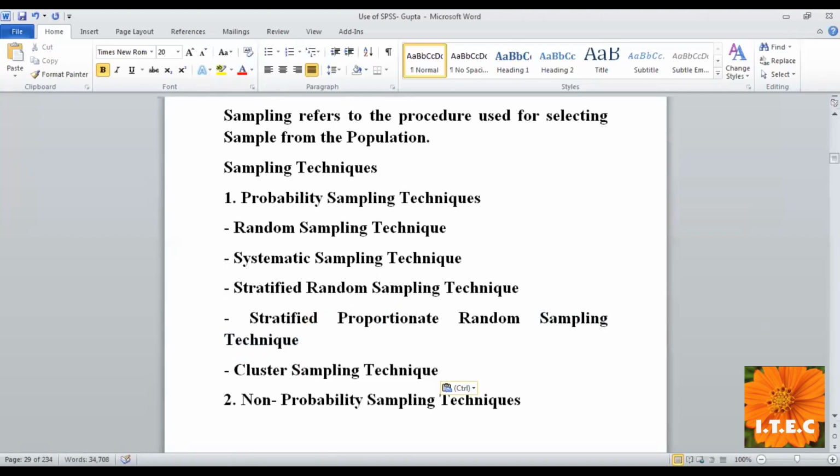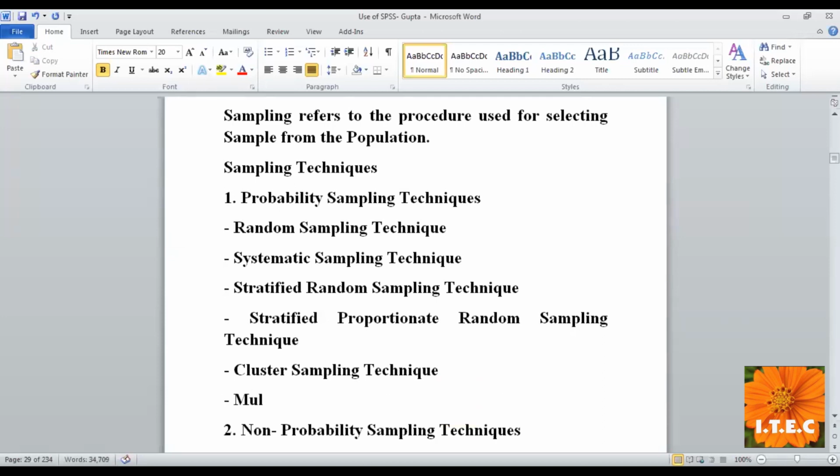And the other one is called multi-stage sampling technique. So these are the different sampling techniques which belong to the probability sampling technique.